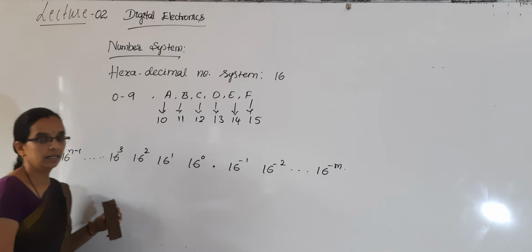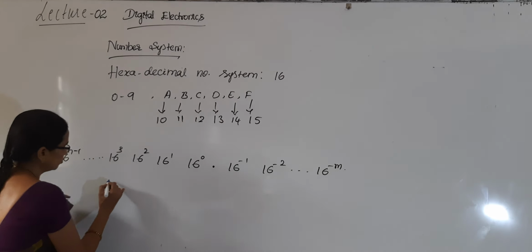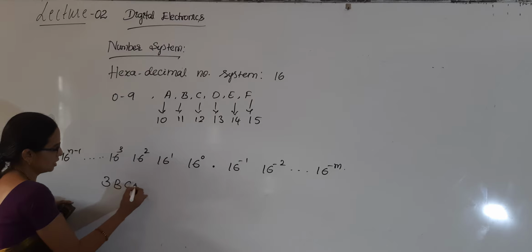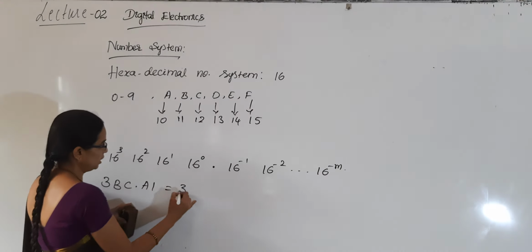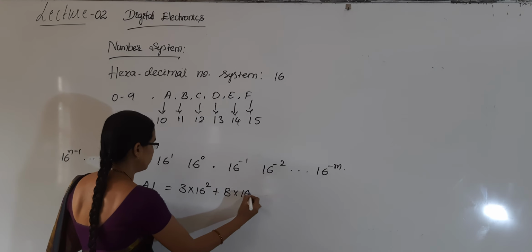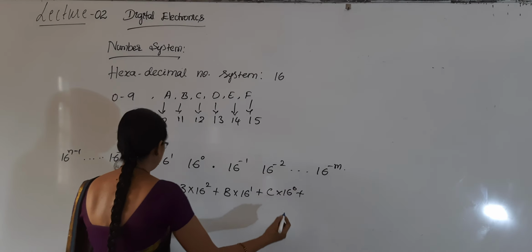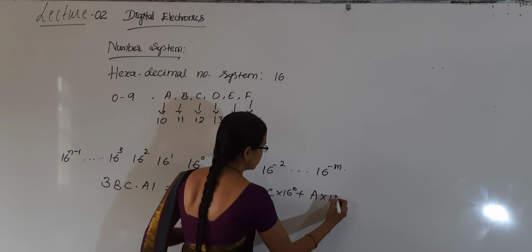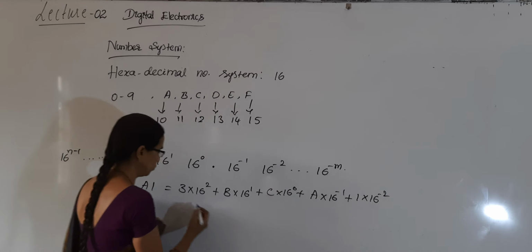If you take the number 3BC.A1, it is 3 into 16 power 2, B into 16 power 1, C into 16 power 0, plus A into 16 power minus 1, 1 into 16 power minus 2.